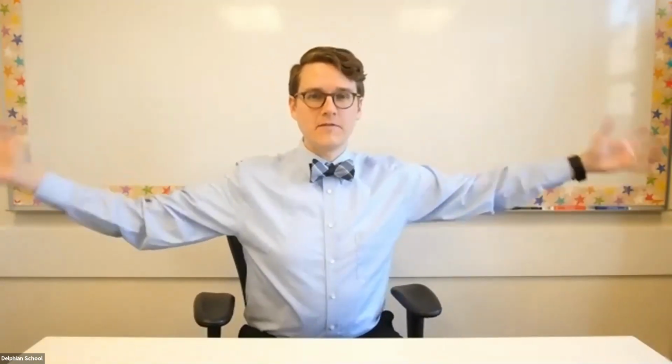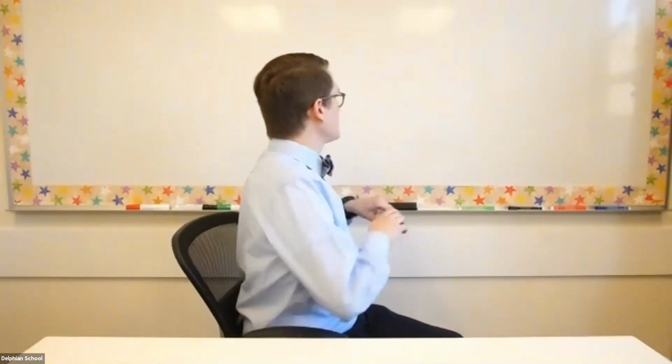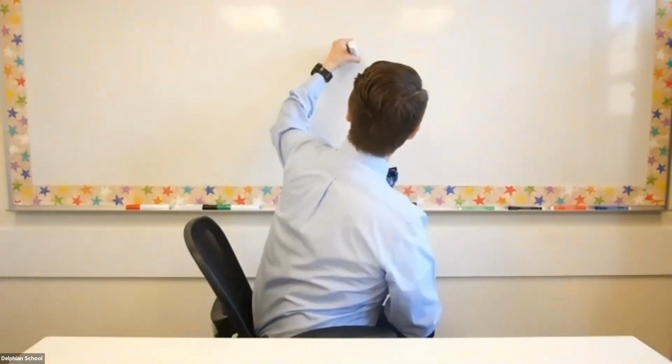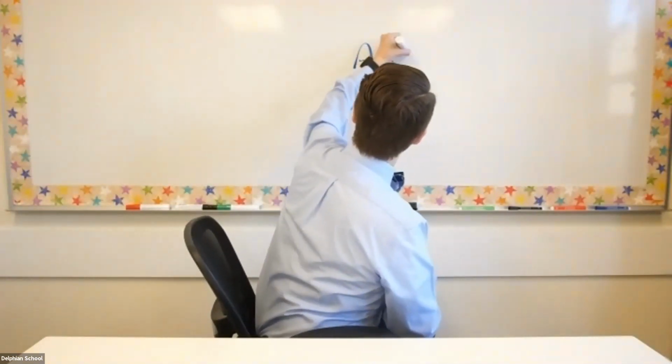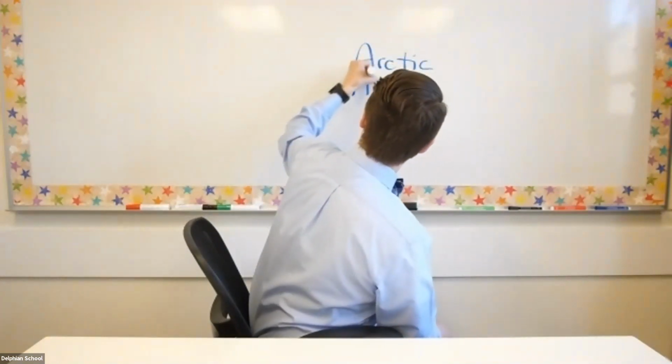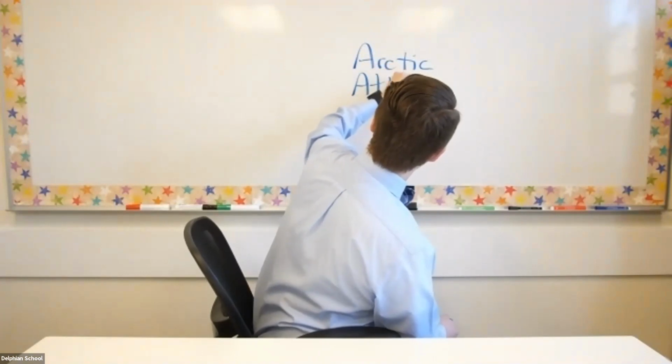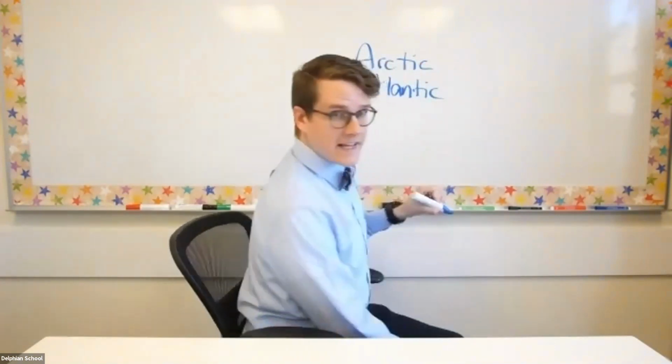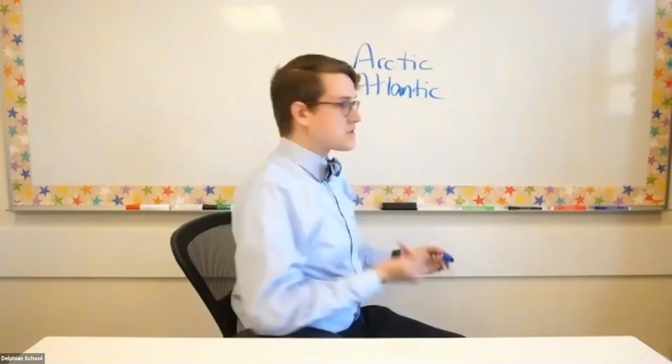Okay, so there are 5 oceans on this planet. An ocean is a giant bit of water. That's a pretty basic definition of it. We have the Arctic Ocean, the Atlantic Ocean, that's the one that I grew up closest to.